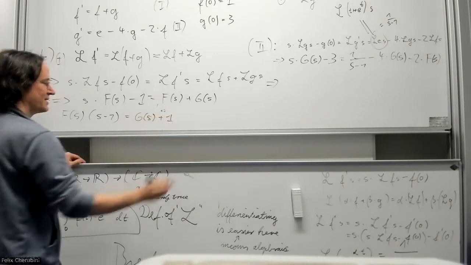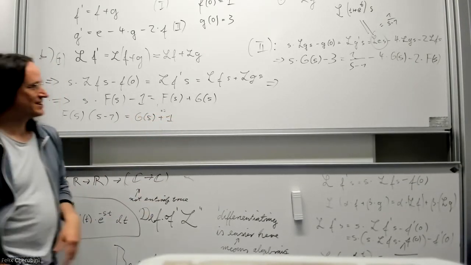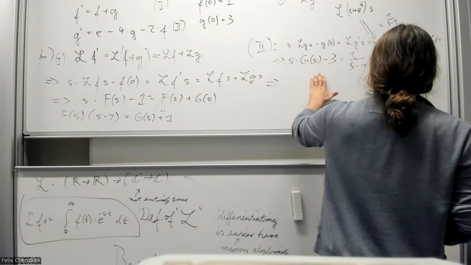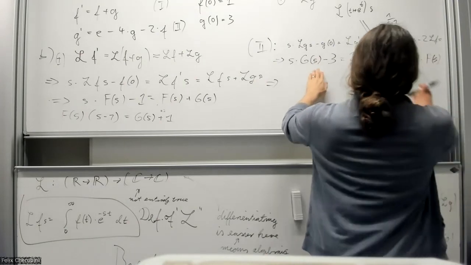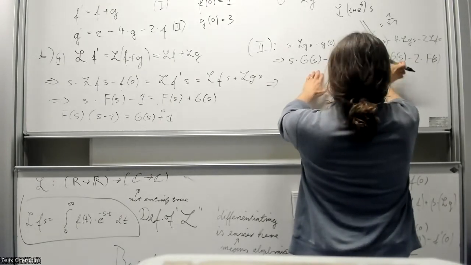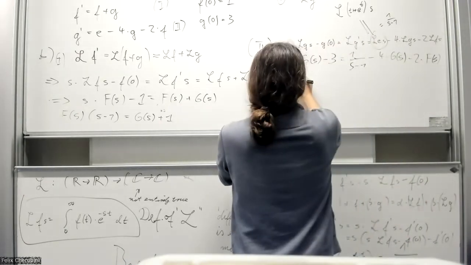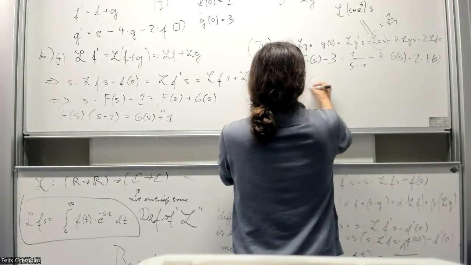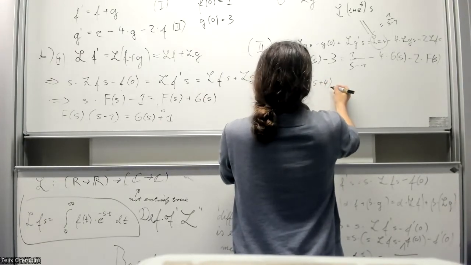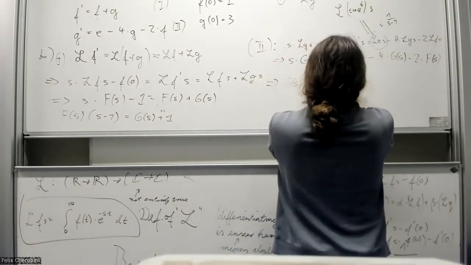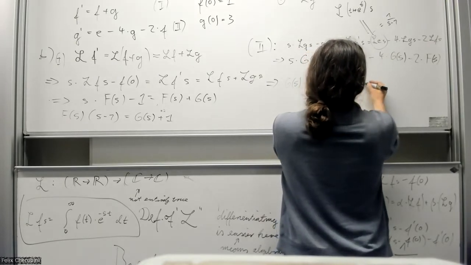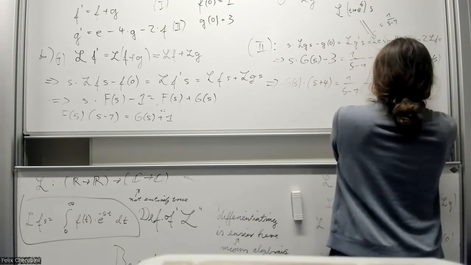Looks nicer. Good. And also simplify this, so just sort it out. In this case we also want to move the G of s to one side, so we have plus 4G of s. That means we have G of s times s plus 4. And maybe move this minus 3, let's say. So s minus 4 minus s plus 3.